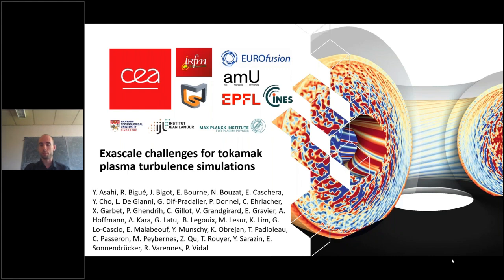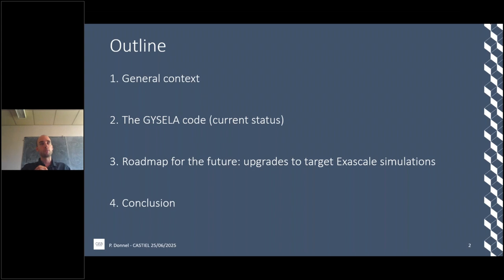So I will start by giving you a general context on what we are doing in our lab and what are the goals we have. Then I will present you the current version of the Gisela code and our roadmap for the future, so the upgrades we need to do on our code to target exascale simulation, before concluding.